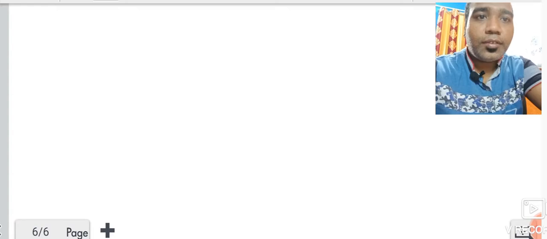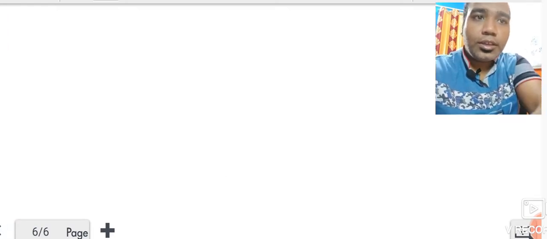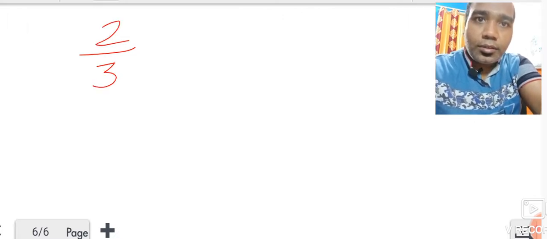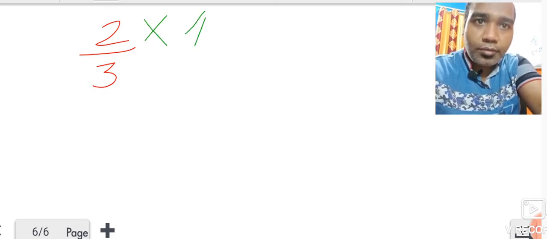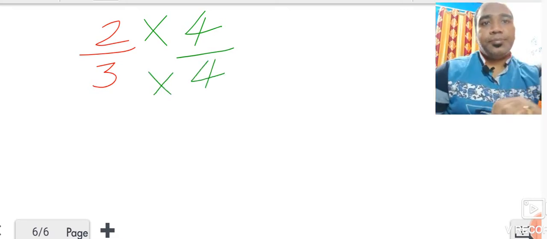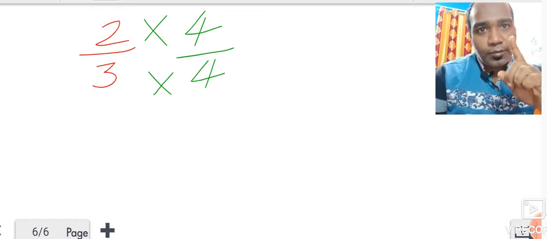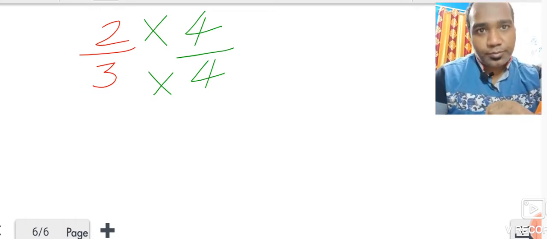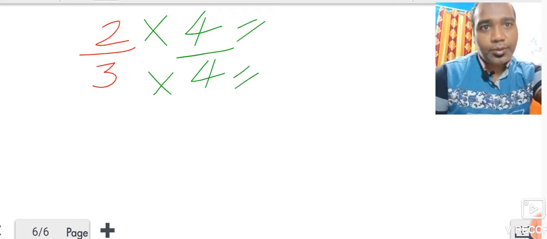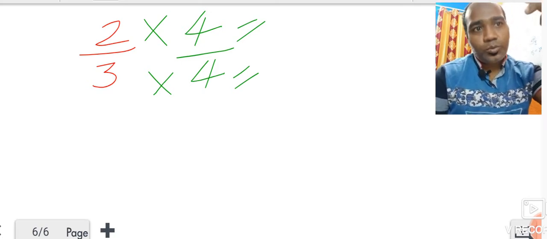Suppose we have to write one more equivalent fraction of 2 by 3. Again the same number is multiplied in the numerator and denominator. This time in the numerator we multiply by 4, so in the denominator also we multiply by 4. Remember, whenever you write an equivalent fraction, you have to multiply the numerator and denominator by the same number, whether it is 1, 2, 3 or 4.